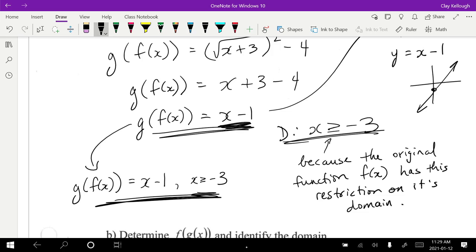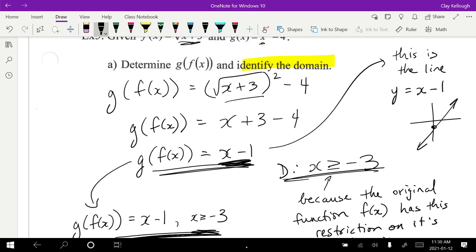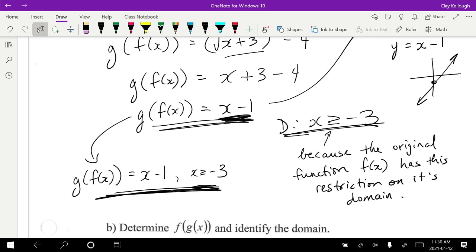This is only true for all numbers x that are bigger than or equal to -3, because all numbers smaller than -3 die right here, because you can't square root negatives. Okay? So now when I ask you to do this sort of algebra, you don't really have to do this unless we ask you to. If it's a question like, what's the domain or what's the range, then that's what we want you to do.